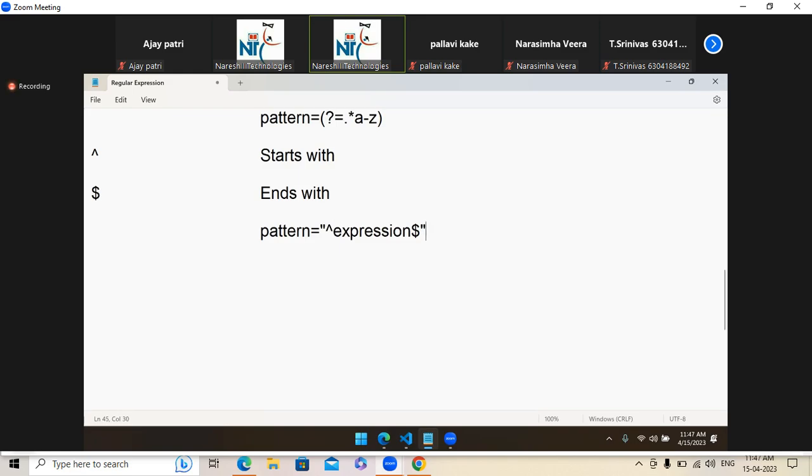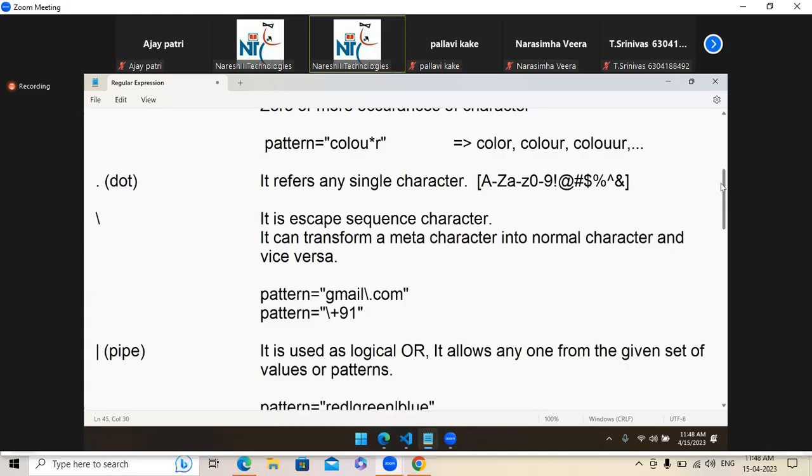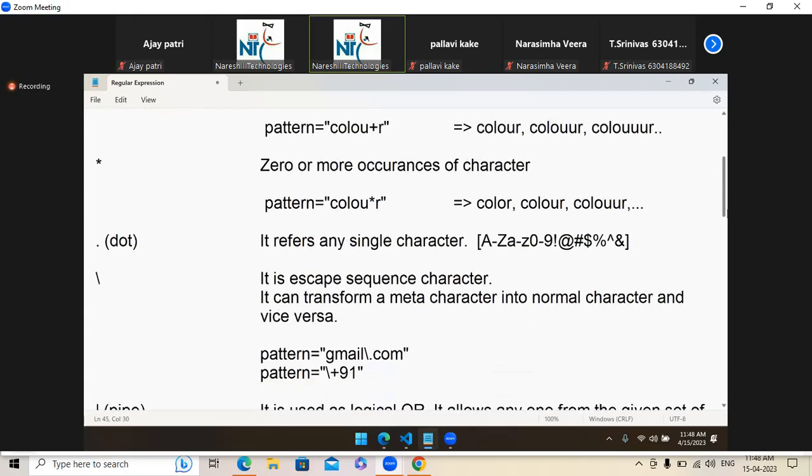How to write expressions, I will tell you. The start of the expression is defined with caret. The end of the expression is defined with dollar. Right? Expressions are defined within these two special characters. So we have a lot of symbols for meta characters.